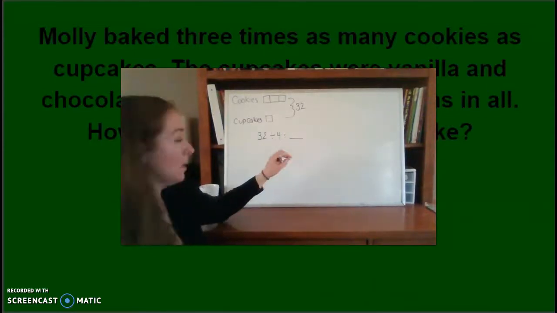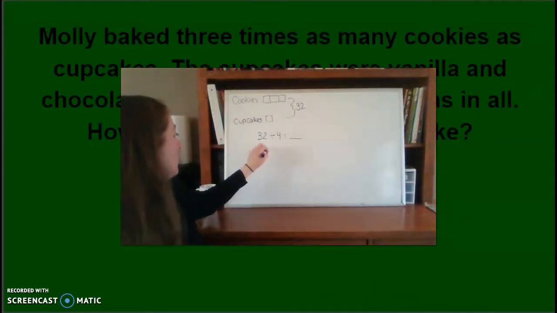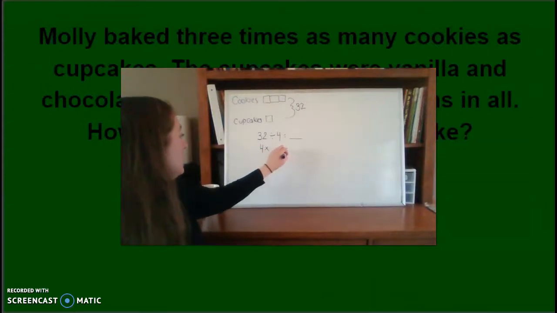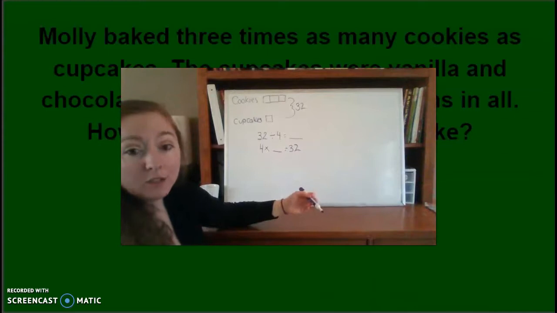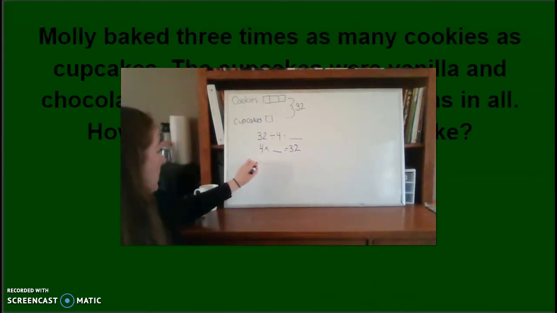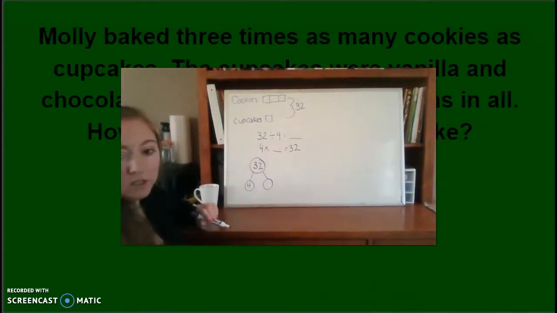Now, if this is too hard to think about, we could do 4 times some number equals 32. We can go back to our number bond: 32, and we have 2 factors. We know 1 factor. We don't know this factor. So what times 4 will give us 32?